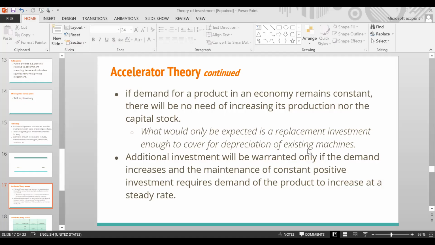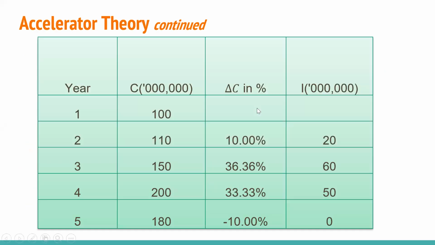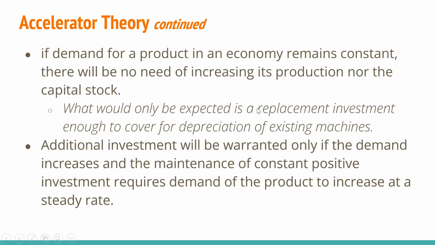So if the demand for a product remains constant, there's no need for increasing production or the capital stock. What is expected is just to ensure replacement investment, and this replacement investment is as a result of depreciation. Whenever you're investing, there is need for us to take care of depreciation.